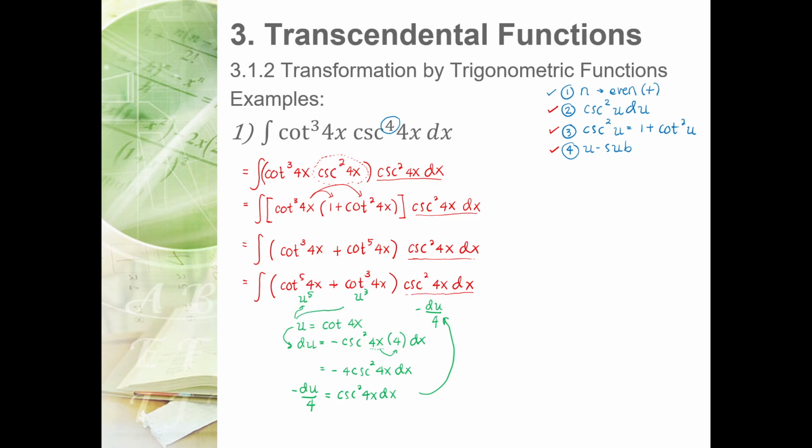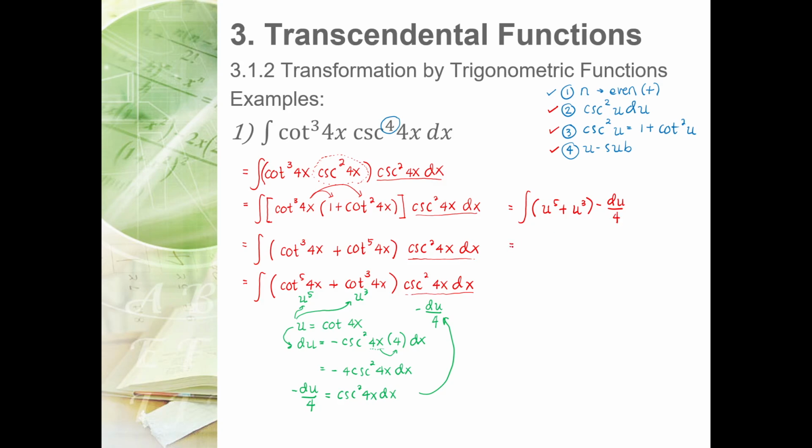Okay. So by replacing the terms in the u parameter, we now have the integral of u to the 5th plus u to the 3rd, then negative du all over 4.